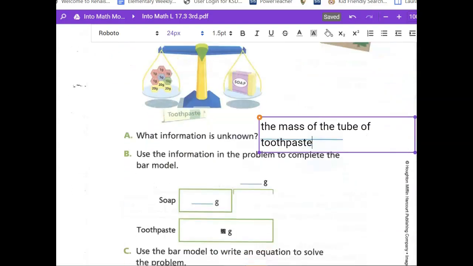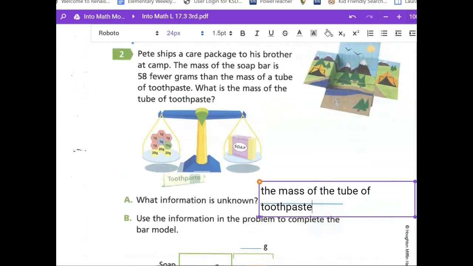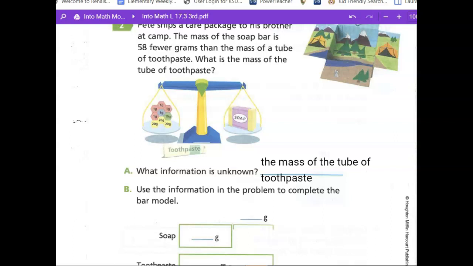Okay, it says use the information in the problem to complete the bar model. So we know that the soap bar is 58 fewer grams than the mass of the toothpaste. So what is the mass?